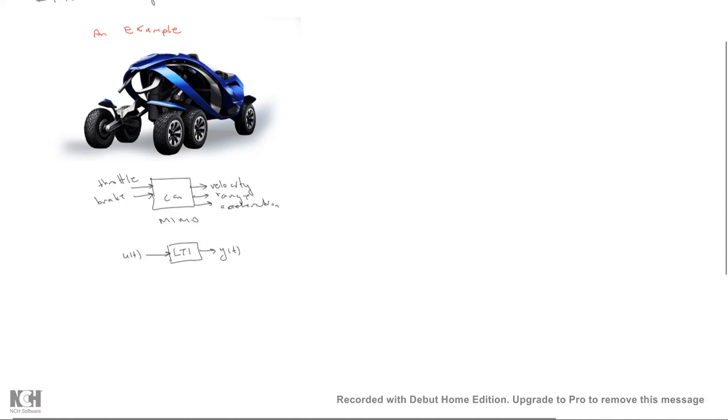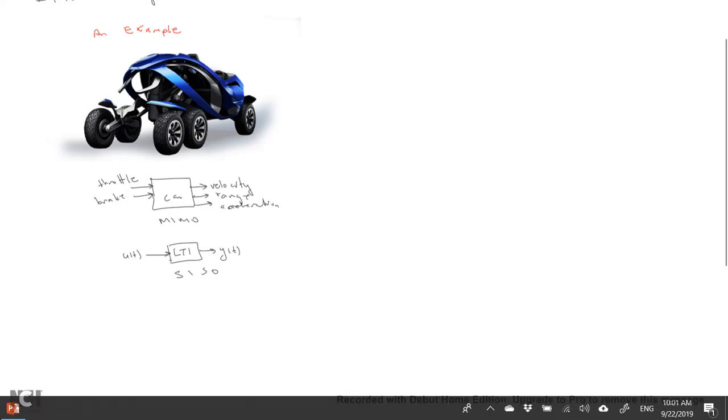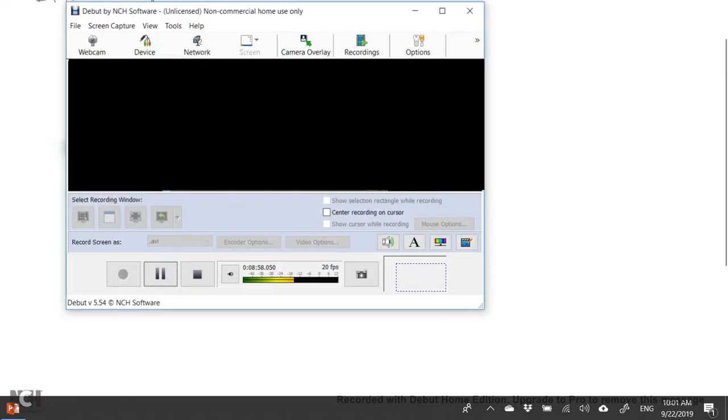All the inputs are set to 0, and only one input and one output of interest remain, for which you are trying to find the input-output relation. A MIMO system for LTI can be studied without losing any generality as a linear combination of SISO, single input, single output systems. Alright, let's put another pause.